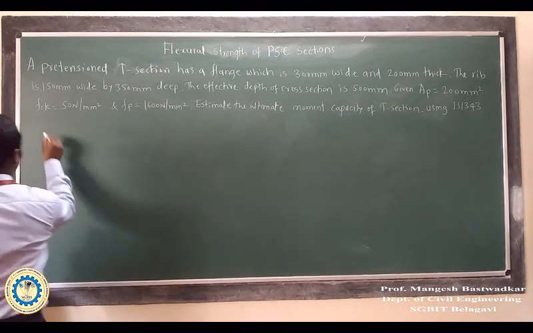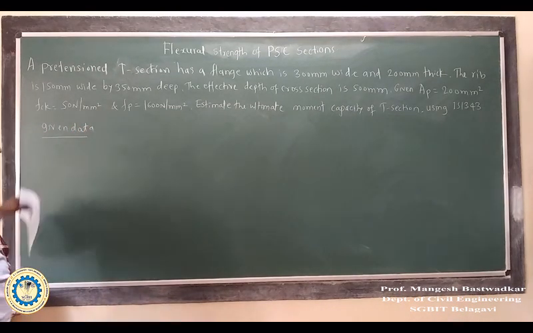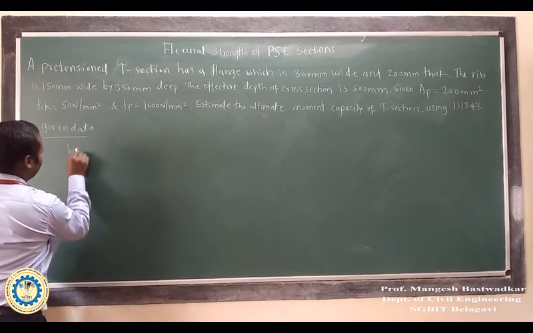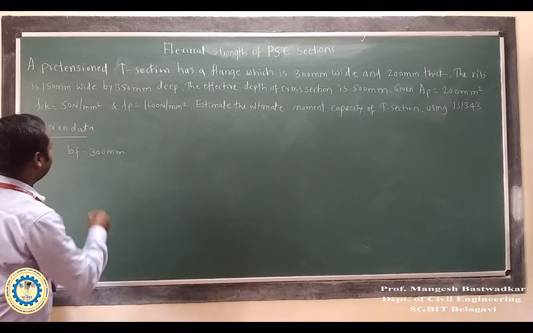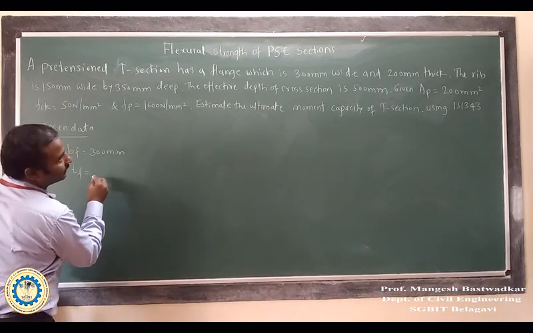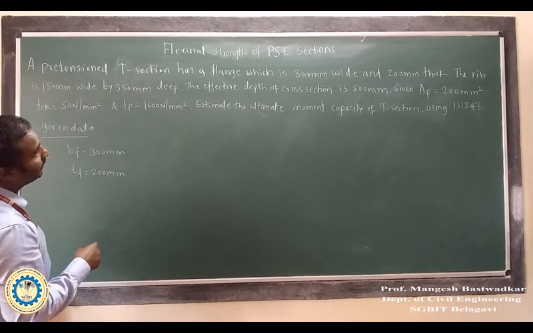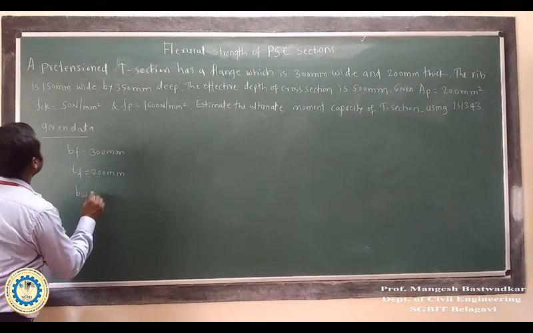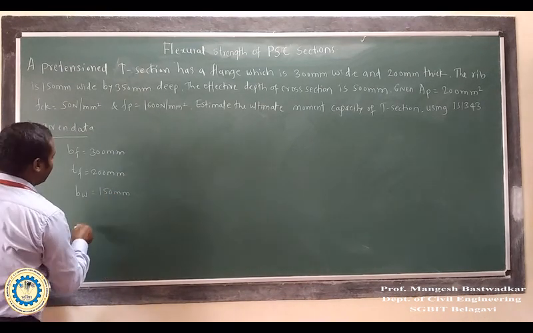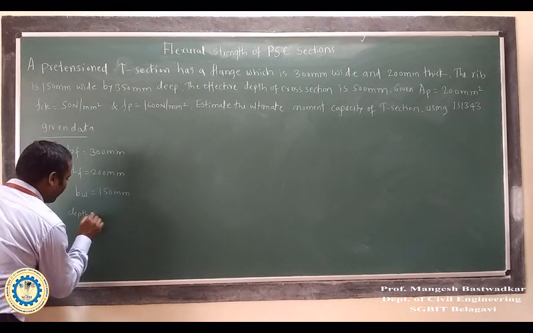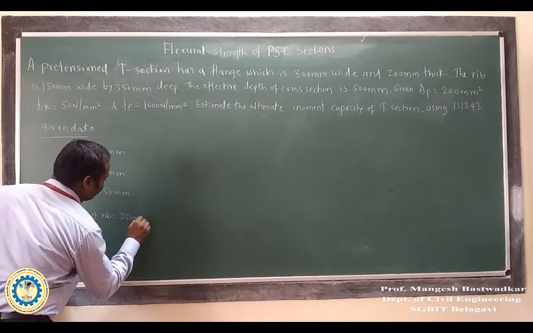So we'll write the given data. T section, the width of the flange is given, will denote as BF, so it is 300 mm. Then the thickness of flange is 200 mm. Then the width of the rib, or width of the web, is given as 150 mm. Then depth of rib is given as 350 mm.